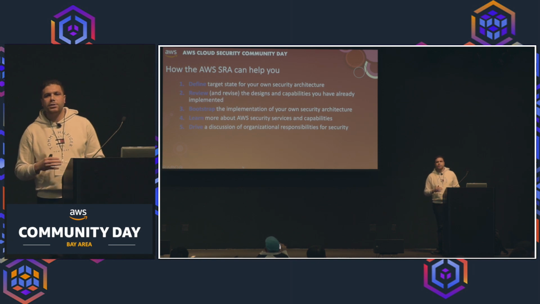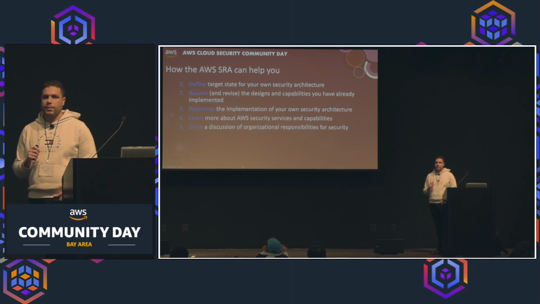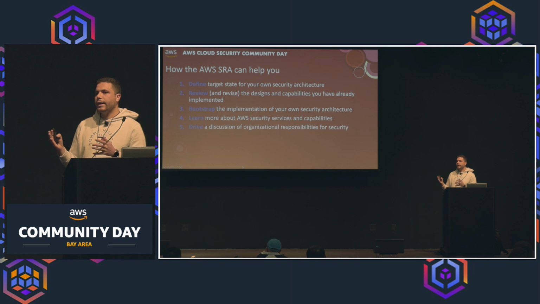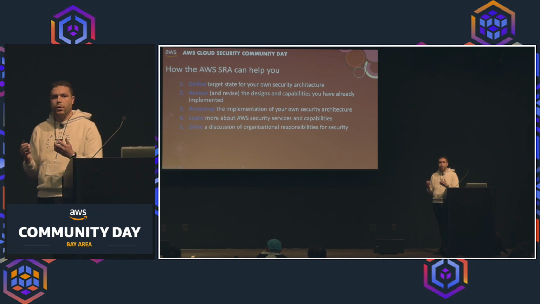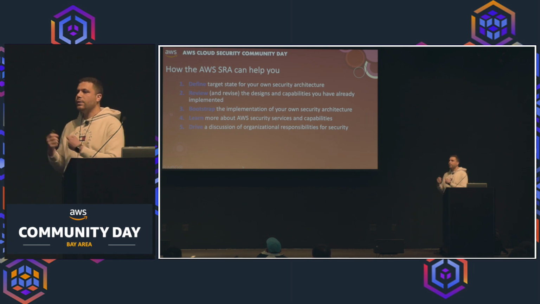Besides that, you can drive a discussion in your organization to define the security responsibilities. So when you decide, for example, to implement the AWS SRA, you need to ask some questions. You need to conduct some discussions, asking, for example, is it going to be a centralized security account that has pretty much all of the accounts? If so, who is the security team, or who are the key stakeholders that are going to manage this account?